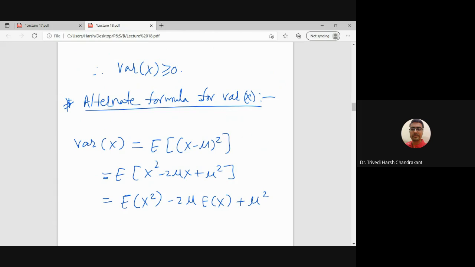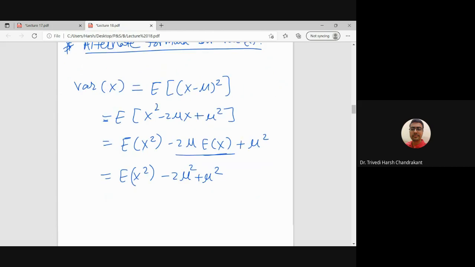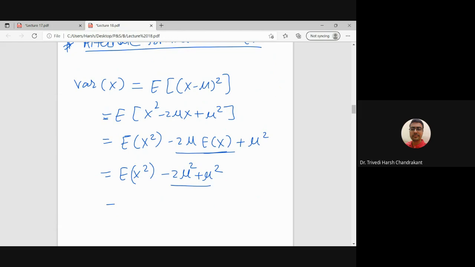Now we know that the expectation of x is the mean, that is mu. So that term becomes 2 mu squared. So the expectation of x squared minus 2 mu squared plus mu squared gives the expectation of x squared minus mu squared. And mu is the expectation of x, so we can substitute it back.